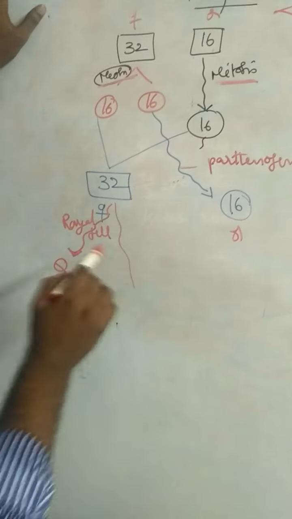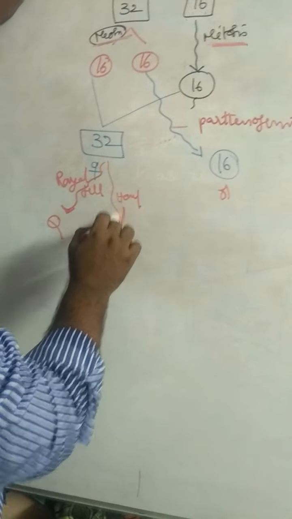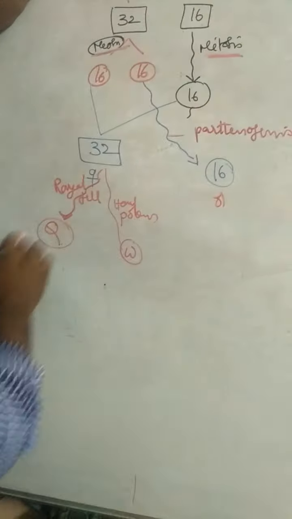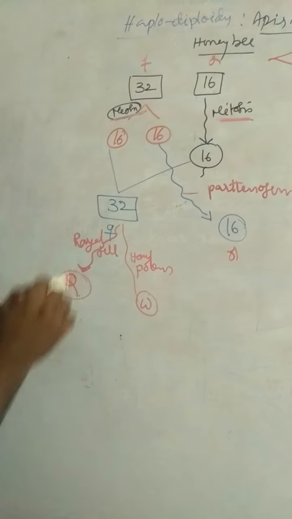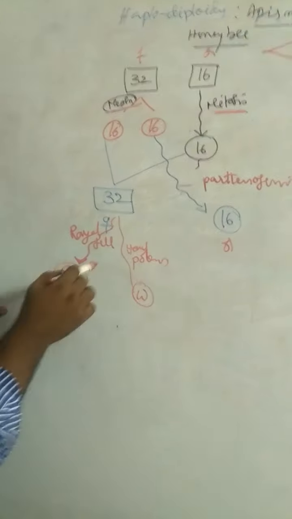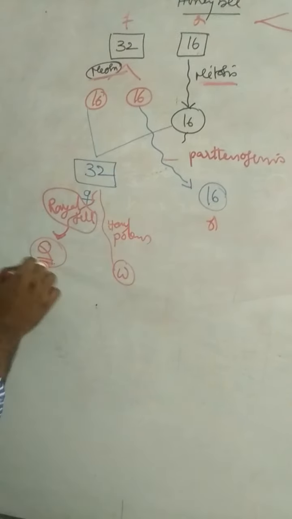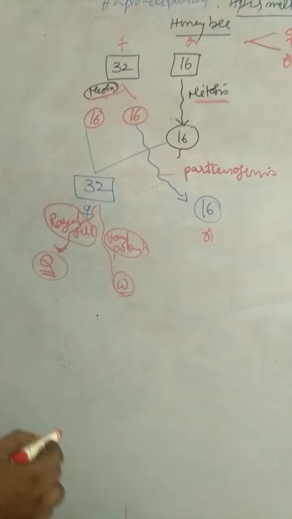If the female does not take royal jelly, that means she takes honey or pollen grains, she becomes a worker bee. So females are divided into two types based on their feeding: queen bee and worker.